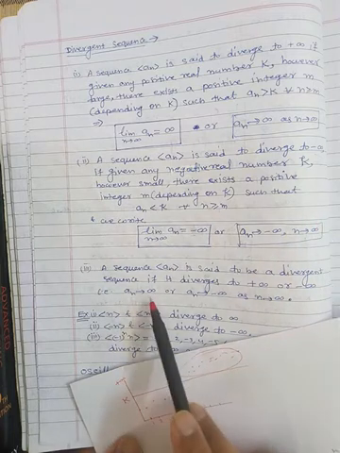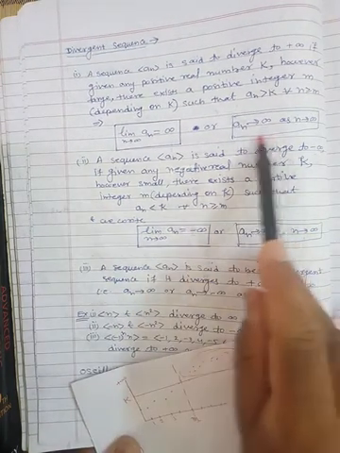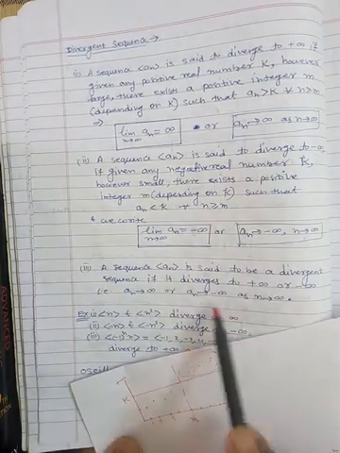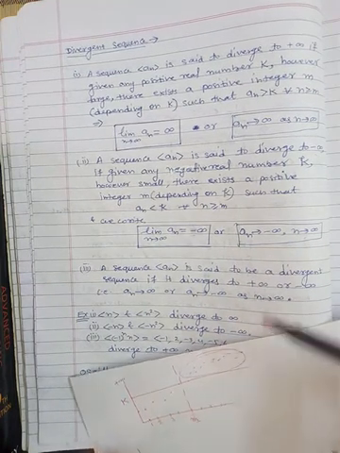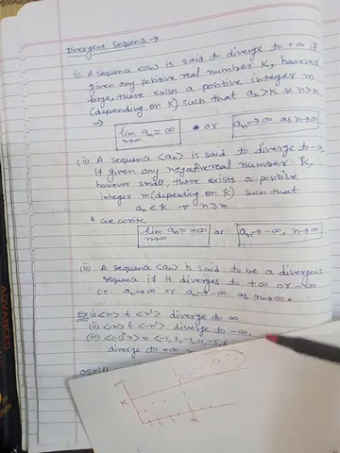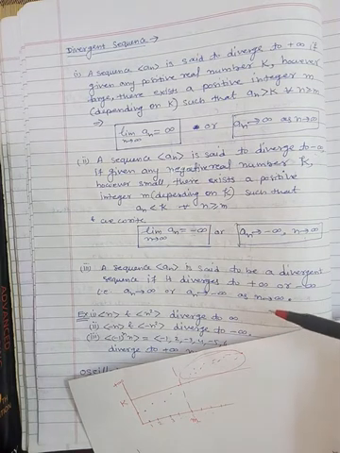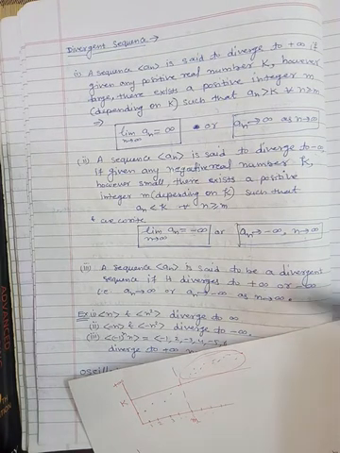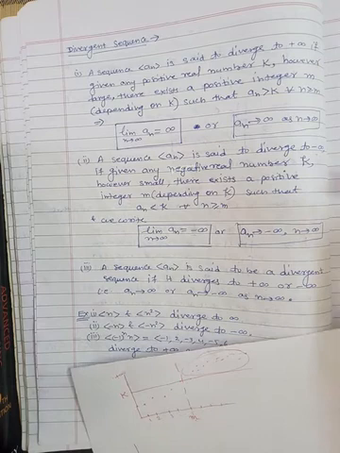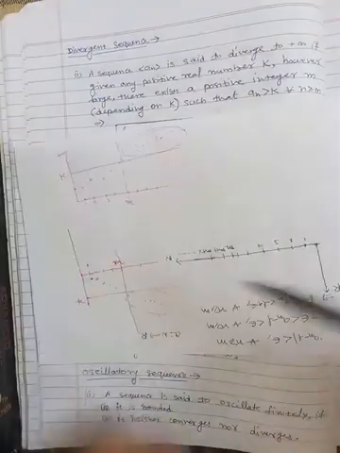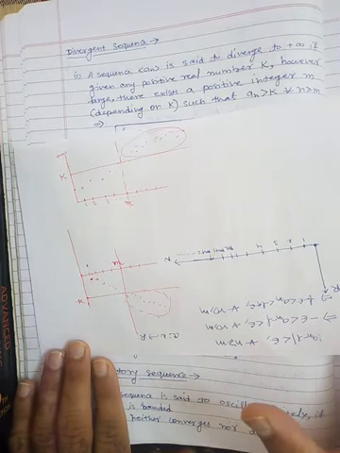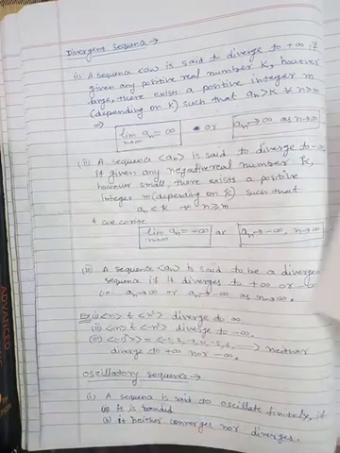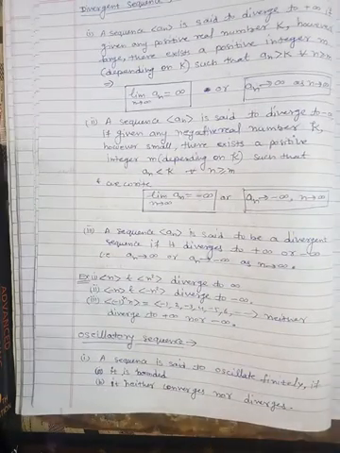That means either an tends to infinity or an tends to minus infinity as n tends to infinity. So a sequence is said to be divergent if it diverges to positive infinity or negative infinity, that means either following this pattern or this kind of pattern. Fine.